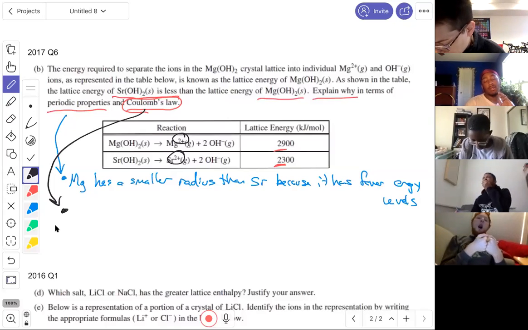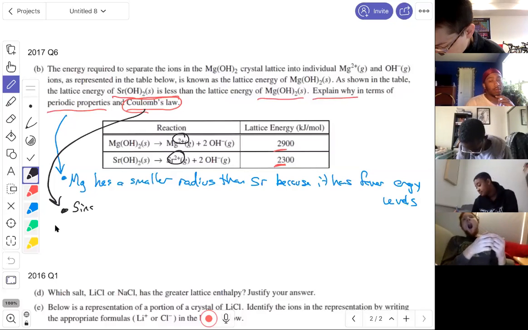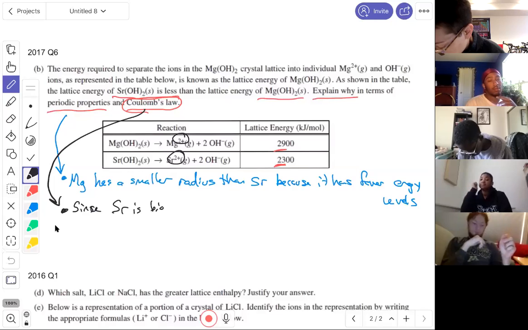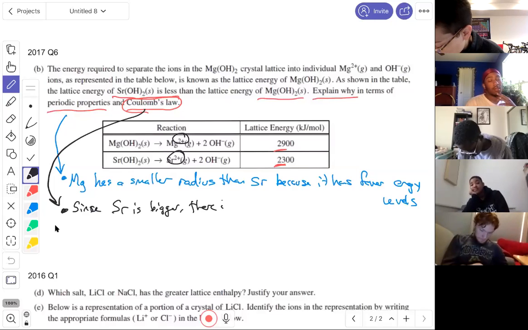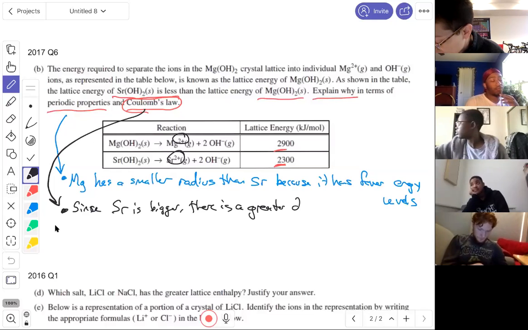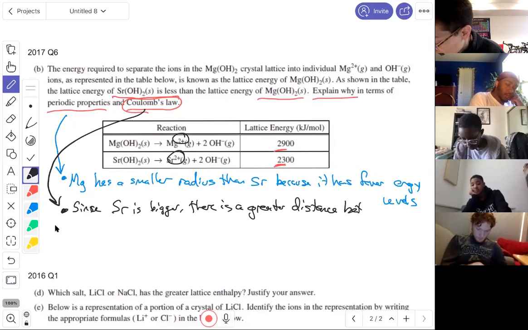All right, so if you're going to answer it from strontium's perspective, you would say, since strontium is bigger, there is a greater distance between ions. Okay. Because Coulomb's law is all about ions. Between ions.